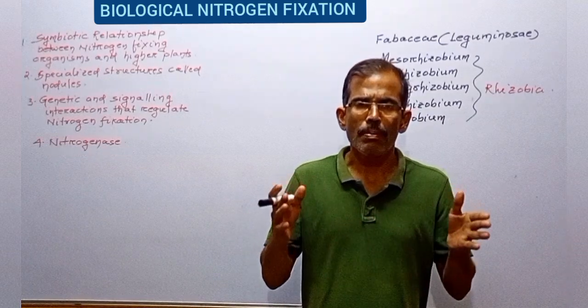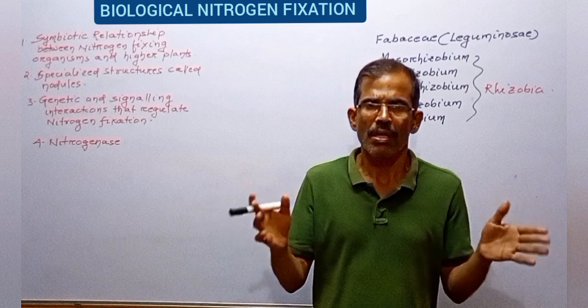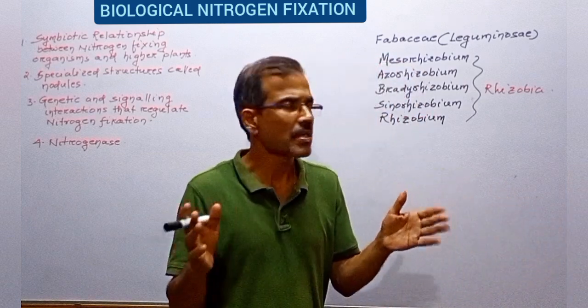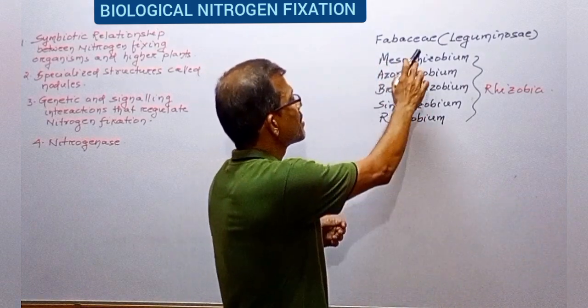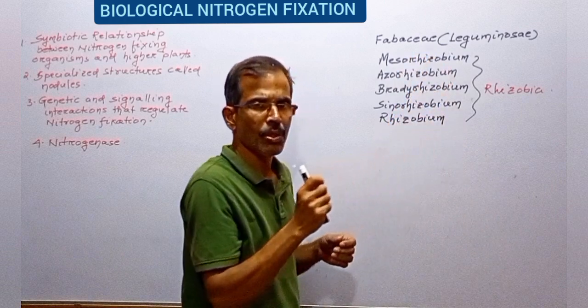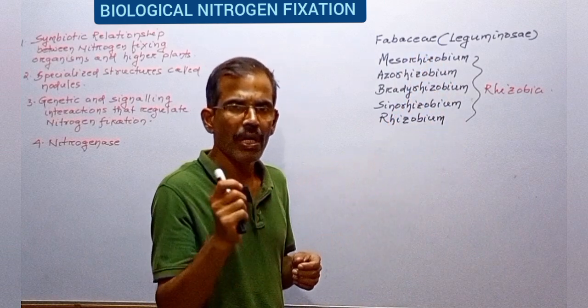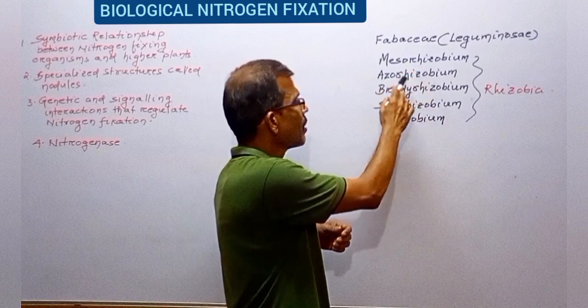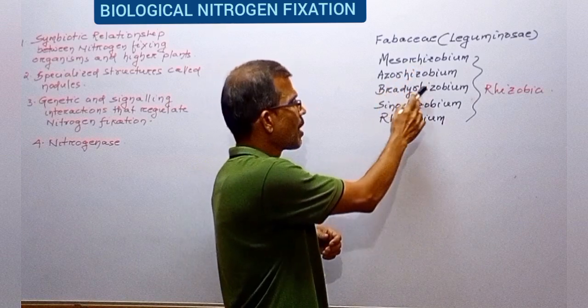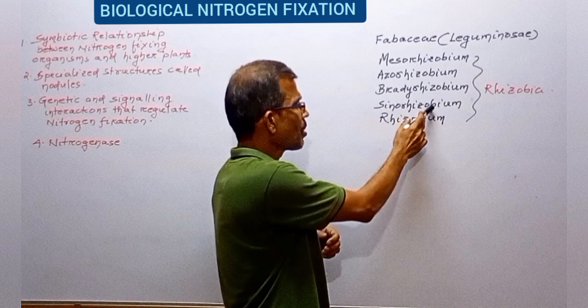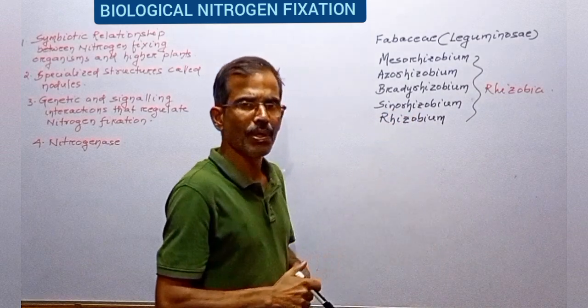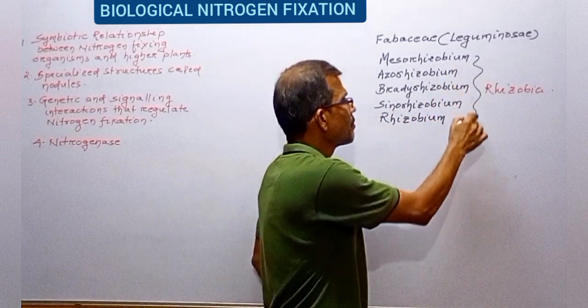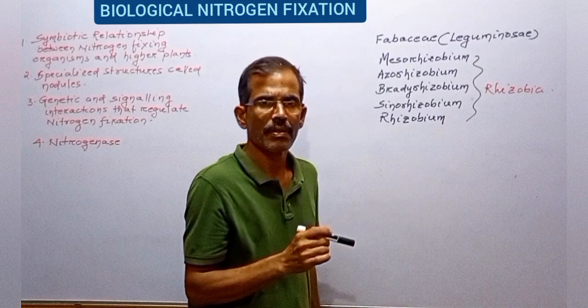The most common type of symbiosis occurs between the members of the plant family Fabaceae, also called Leguminosae, and soil bacteria of the genus Mesorhizobium, Azorhizobium, Bradyrhizobium, Cyanorhizobium and Rhizobium, which are collectively called Rhizobia.